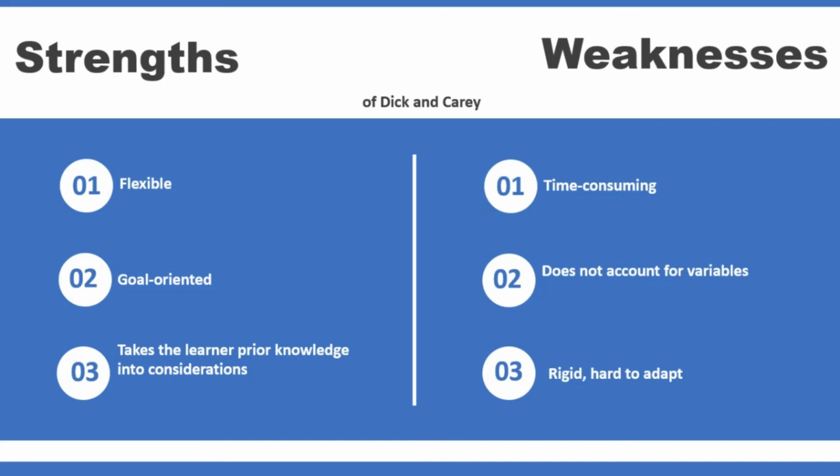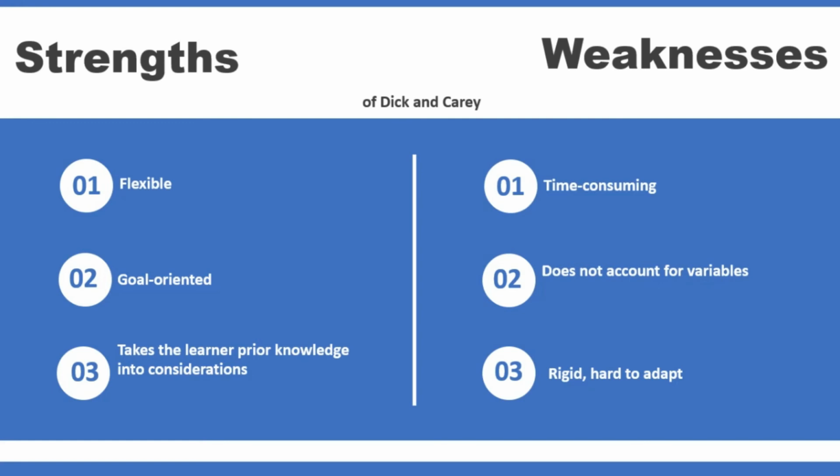Finally, this model takes the learners and their prior knowledge into consideration. Because of the interconnectedness of the model, the learner's entry behaviors affect the decision-making in the design process. In turn, many of the learner's needs can be addressed and expectations can be met.